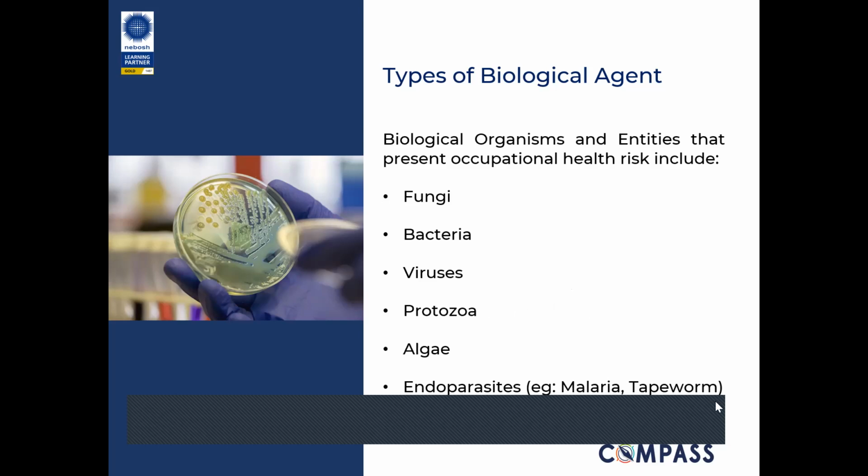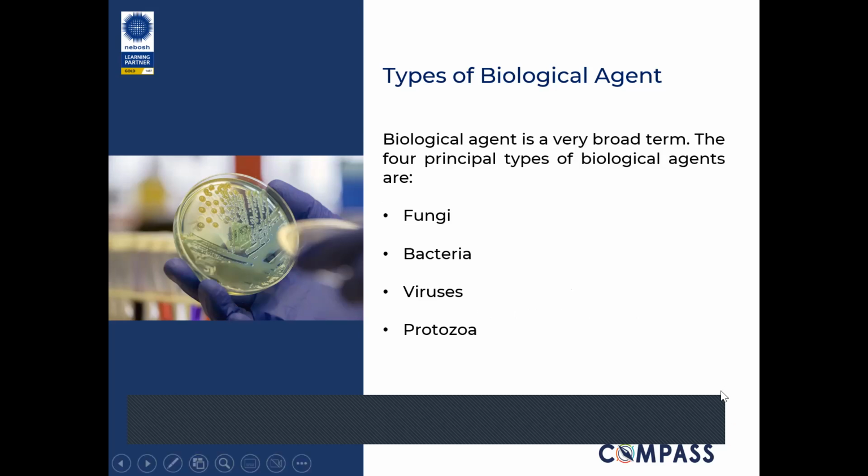Thoughts around that will expand, but we tend to focus on control measures around these four areas. So the principal types: fungi, bacteria, viruses, and protozoa. We'll look at those in more detail now.